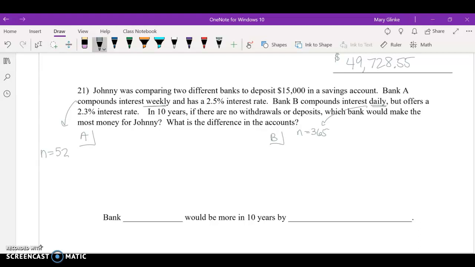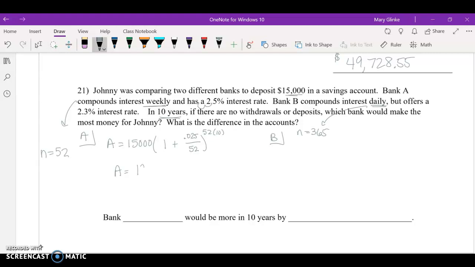So for the first one, to figure out the amount, the initial input was the 15,000. We're doing 1 plus the rate. So our rate for this one, when I move my decimal over 2 spots, is 0.025 divided by n, which for Bank A is 52, times your time. It's going to be 10 years for both of those.